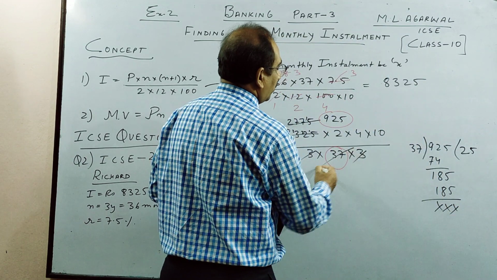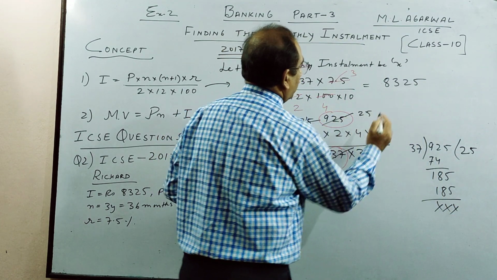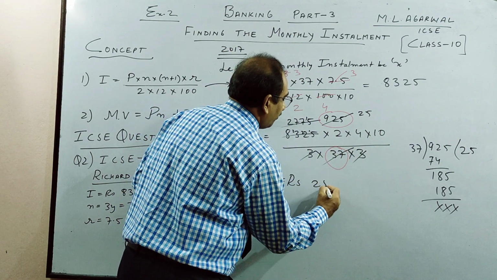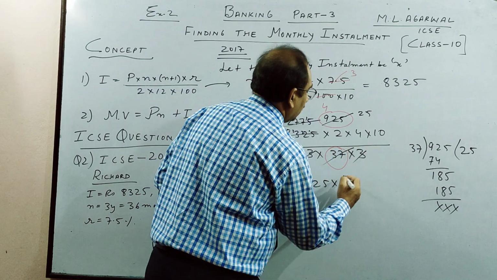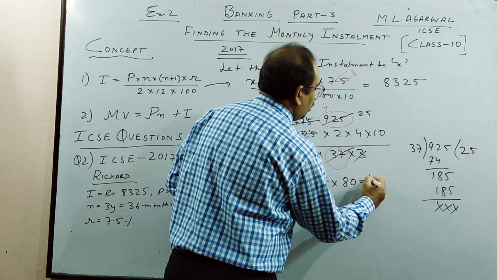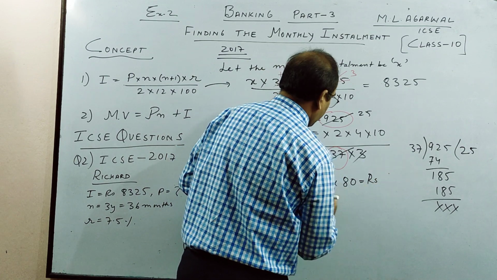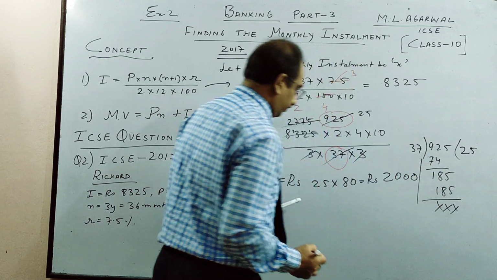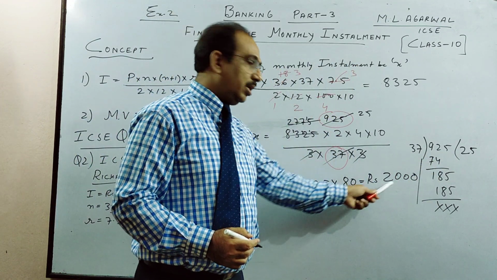So when you cancel this, you get 25. So what are we left with? 25 into 80. 2 4s are 80, and when you multiply, children, we get 25 into 80 as 2000. 25 8s are 200, 10.